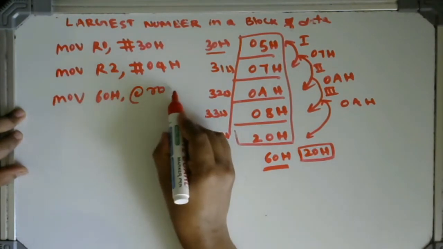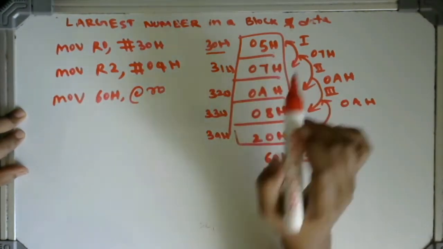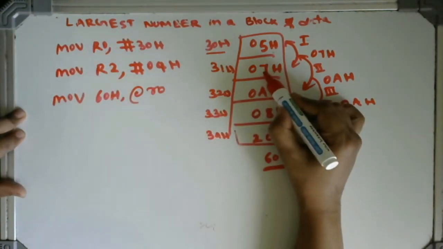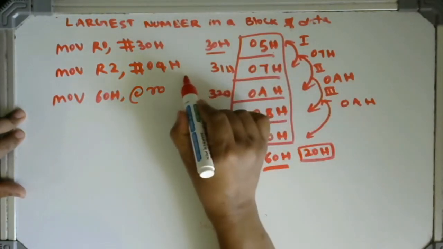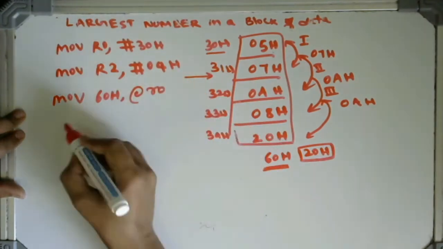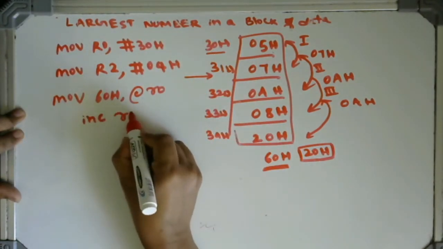When this instruction is executed, 60H will have the 05H data. Next, we need one more data, because for a comparison we need a minimum of 2 data. To access this data, first we need to increment our pointer. That is done by INC R0.